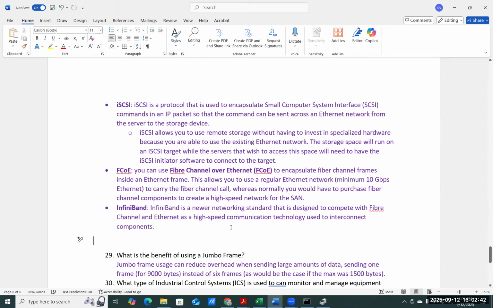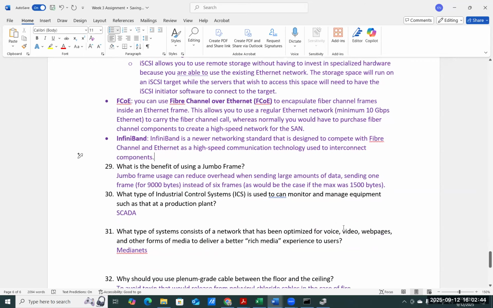Okay, 29 talks about jumbo frames. A jumbo frame would be used to reduce large data overhead. So if you are streaming, or if you are a gaming company, likely you're going to have a lot of data overhead. You have a lot of data and connections. Now they're talking about AI and hosting that, right?